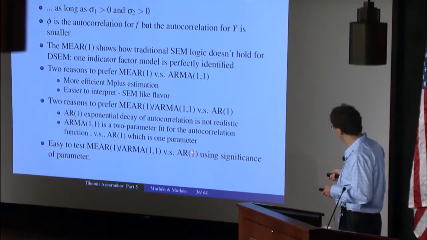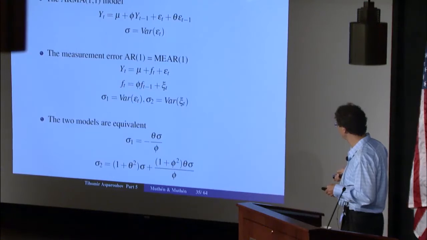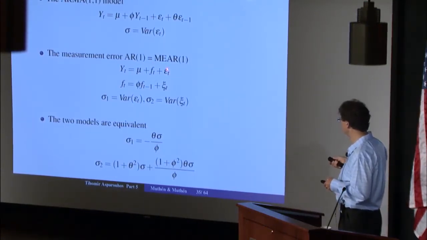It resolves the issues I mentioned earlier with the stationarity of the model: you can easily transfer the trend in the model to outside of the autoregressive part. It's a framework that we use now all the time, and you'll see all these examples in a minute. It's also very easy to test the MEAR1 model versus the autoregressive AR1 model. You simply have to test that this variance here is significant.